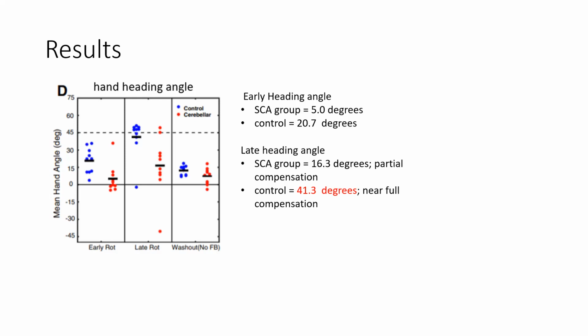The baseline block was not reported here, but both graphs had mean hand angles starting at 0 before the visual rotation. This trend continues late into the rotation block, with the SEA group only partially compensating for the rotation, but the control group reaching a near perfect change in hand heading angle in order to reach the target.